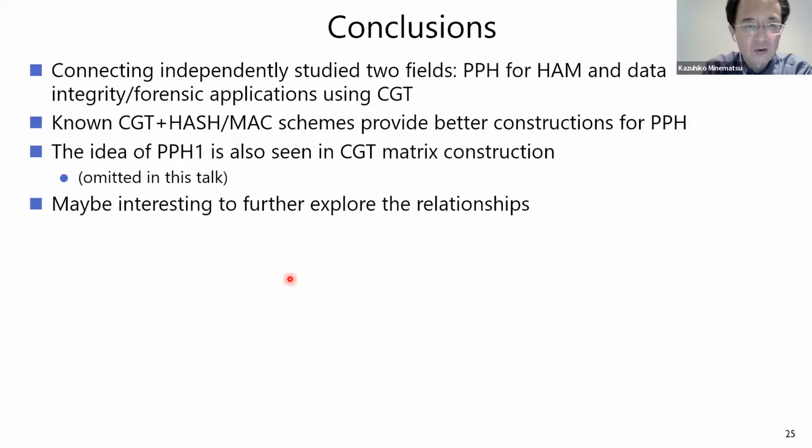And we show that the CGT combined with the hash or MAC function schemes provide better constructions for PPH for Hamming predicate. And as I omitted in this talk, the core idea of PPH1 is also seen in the CGT matrix construction of a certain type. So I think it may be interesting to further explore the relationships between the two fields.